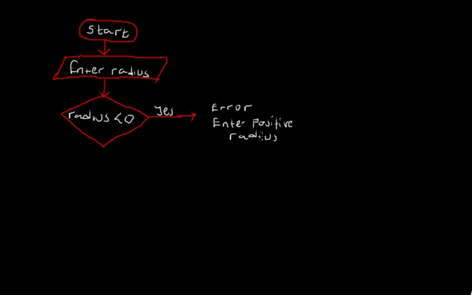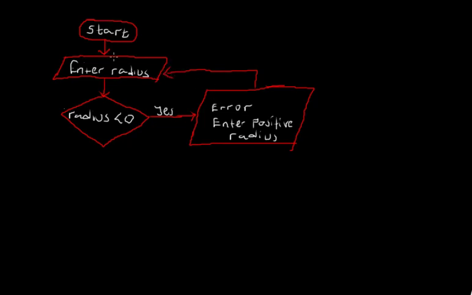So this is an output. It's going to display this message on your screen. So this has to be in a similar shape as this one. Pardon my ugly drawings. So I have something like this. Okay. And this should lead you back to enter radius.